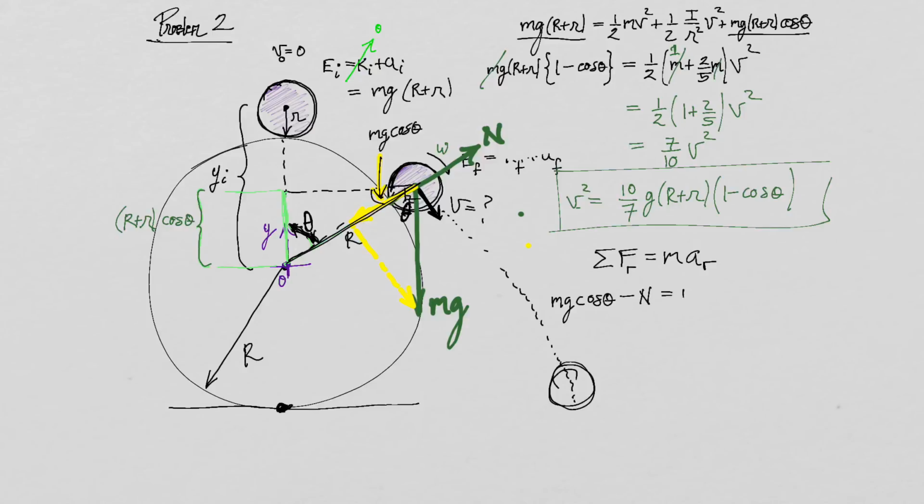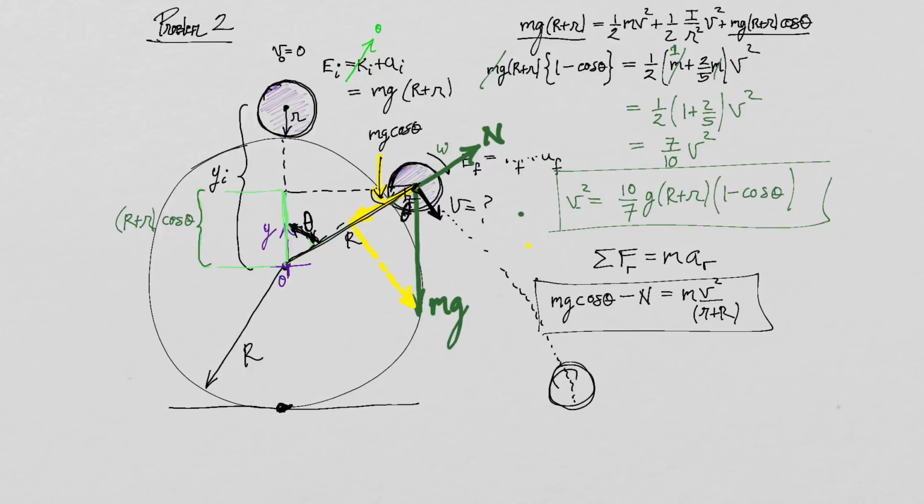And that must equal the mass of the sphere times its acceleration towards the center, which is v squared over r. The r is the radius of the path of the center of mass, and that r is little r plus big R. That's a subtle but important point. Now we have an equation that we could solve for n at any angle theta.